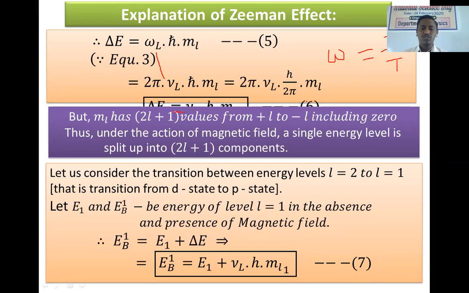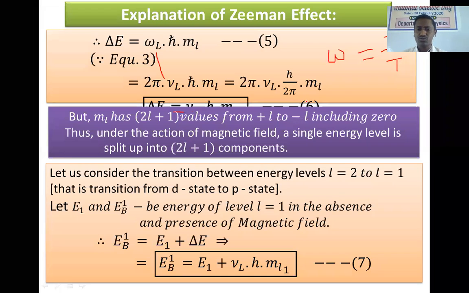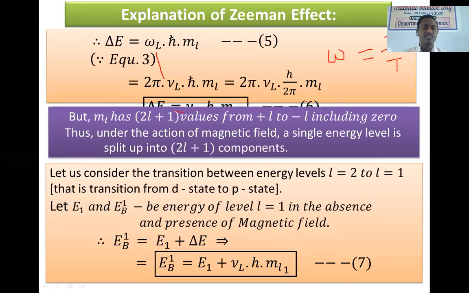Now for this present case, for the explanation of the normal Zeeman effect, let us consider the transition between energy levels, that is, from the energy level having L equals 2 to L equals 1. Means we have to see the transition from the D state to the P state, electron in a D state to the electron in a P state.